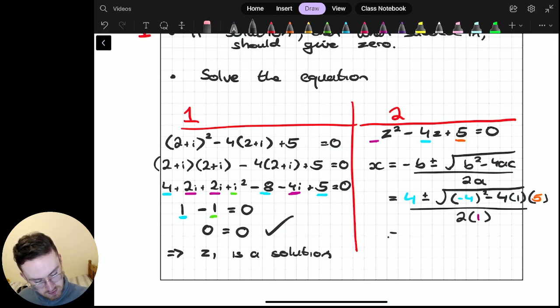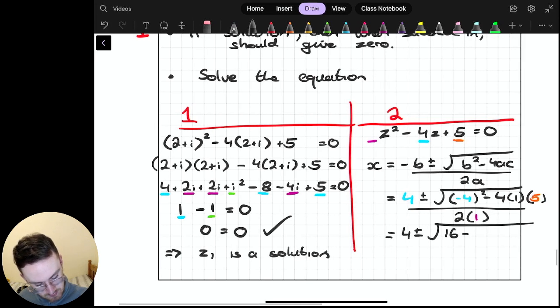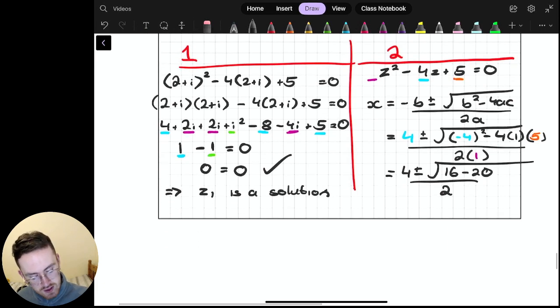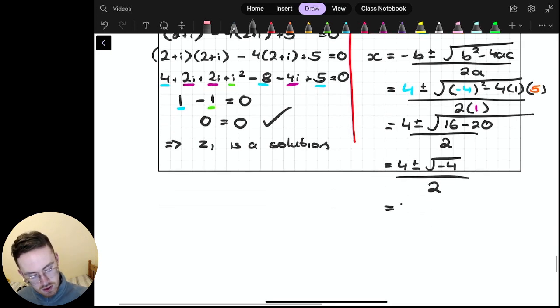Okay, simplifying down. 4 plus or minus, let's see, the square root of 16 minus 20 over 2. Okay, we're approaching something that we just need to make sure we're happy with. Square root of minus 4 over 2. What's the square root of minus 4? Well, the square root of minus 4 actually works out to be 2i.